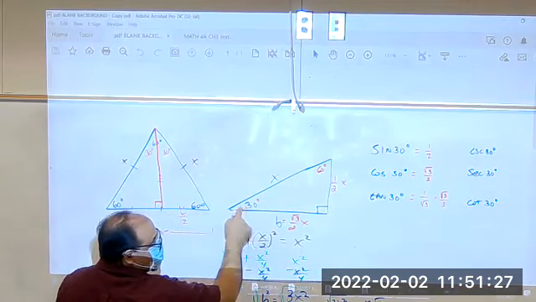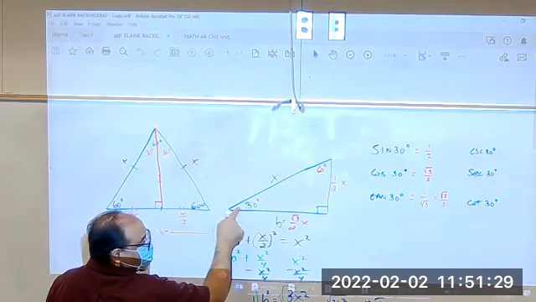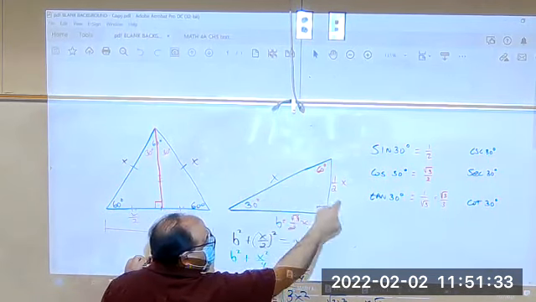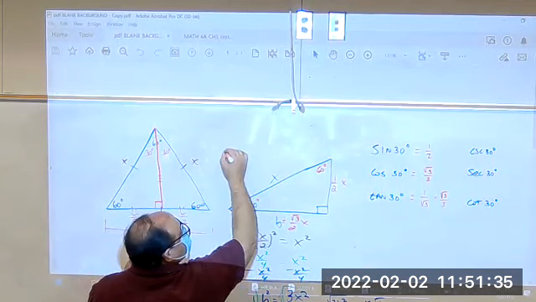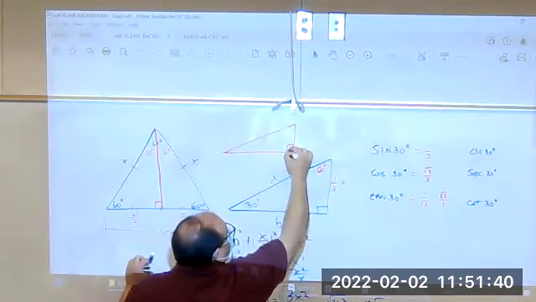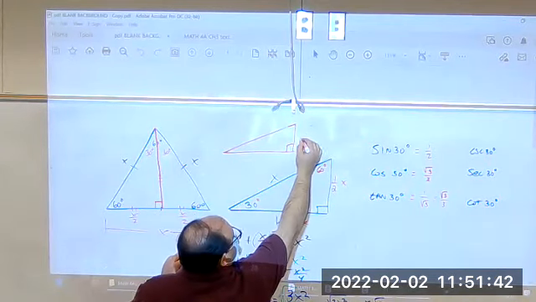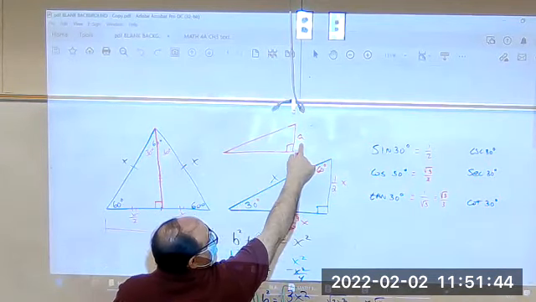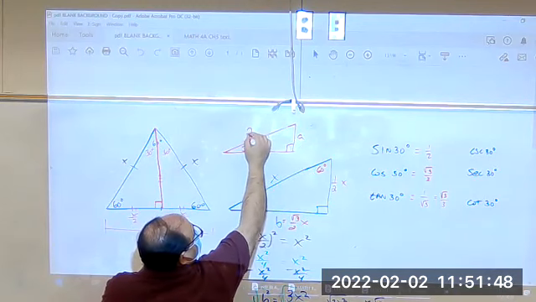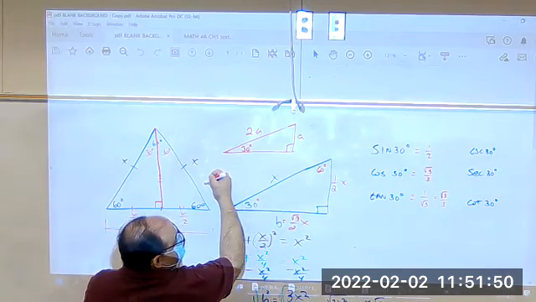Shortest leg is opposite smallest angle. So if I use A, if the short leg is A, then the hypotenuse would be 2 times A, twice as big.